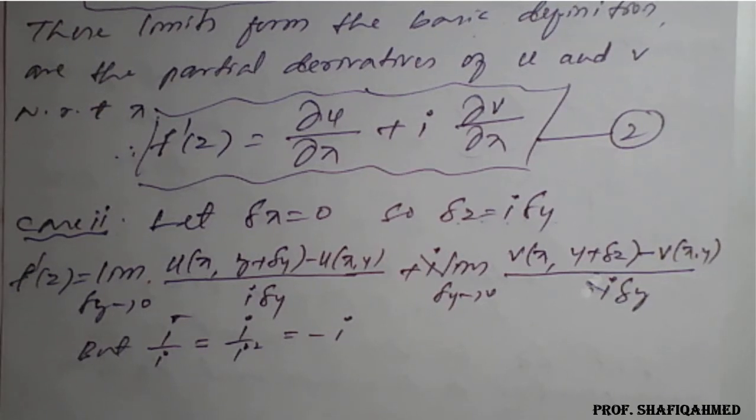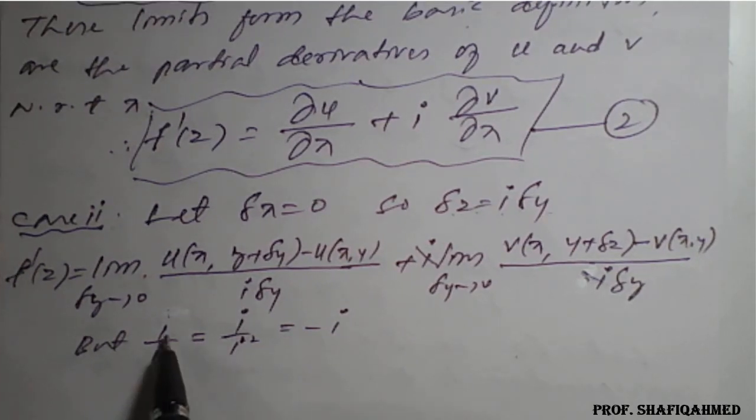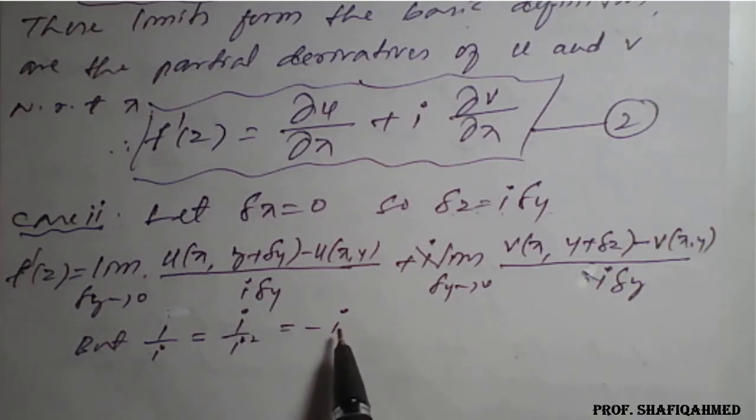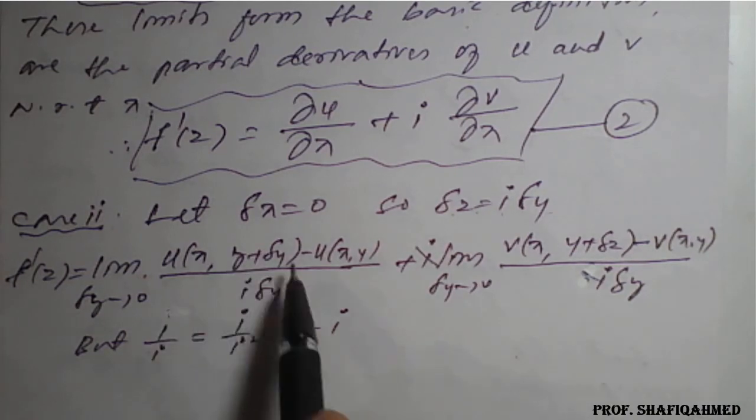On rationalizing, means divide and multiply by i, it will become i upon i square. So i square is minus 1, so i upon minus 1 will become minus i. This result we will use for the first term.